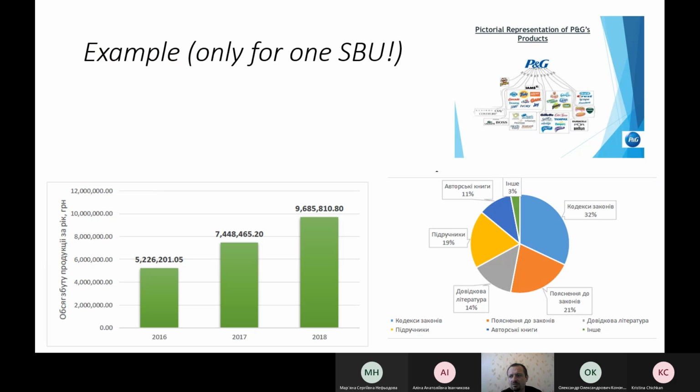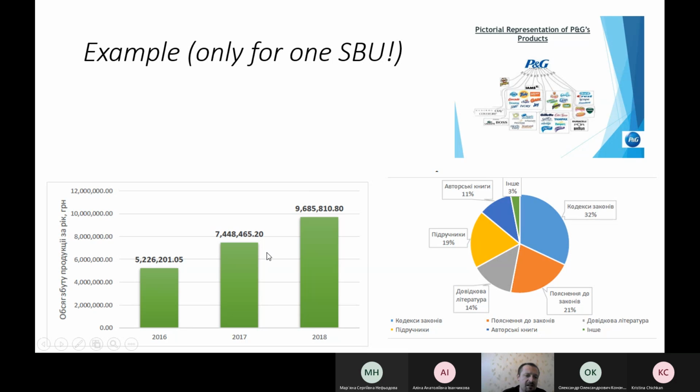And my task is not to force you to do some difficult task, but just to explain the structure of what should be done when you have to conduct this analysis in future for a real company, for a real situation. So you are selecting only one strategic business unit. In simple words, only one direction of business activity, and you will speak only about this activity.